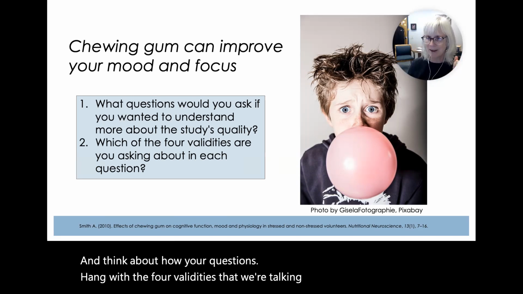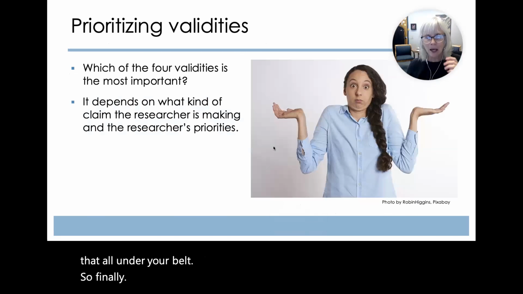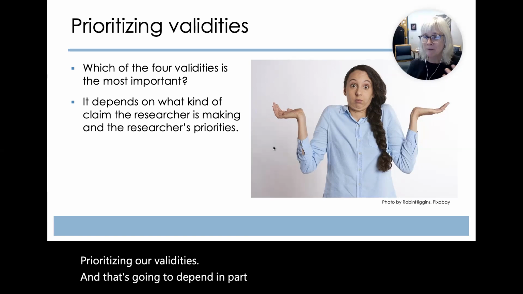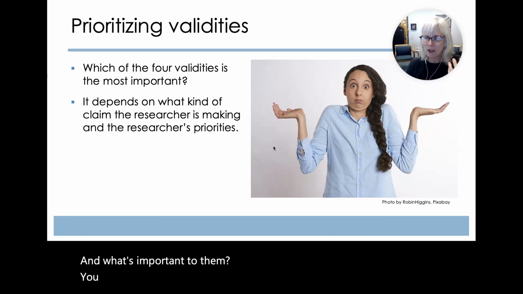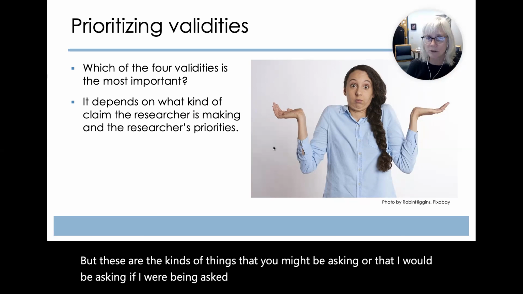You just want to have that all under your belt. So finally, we're going to be prioritizing our validities, and that's going to depend in part on what kind of claim the researcher is making and what's important to them. But these are the kinds of things that you might be asking, or that I would be asking if I were being asked to review this research.